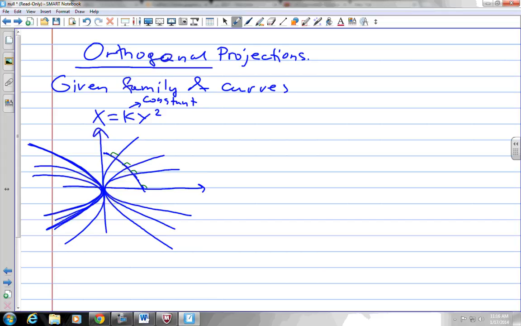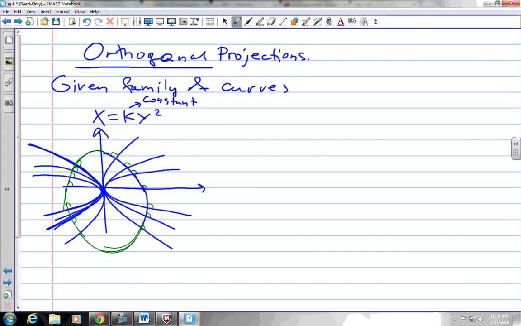If I keep going with that, does that look like it's forming right angles? What does it look like I'm getting? Something like that? Close enough. Not necessarily a circle, maybe an ellipse of sorts. But this is what I'm looking for: the family of curves that does that.